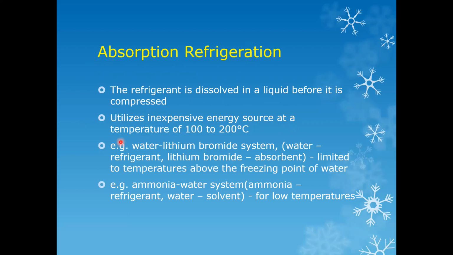Examples would be water-lithium bromide, with water as refrigerant and lithium bromide as absorbent. This system is limited to temperatures above the freezing point of water. Another example is the ammonia-water system, wherein ammonia is the refrigerant and water is the solvent, for low temperatures.